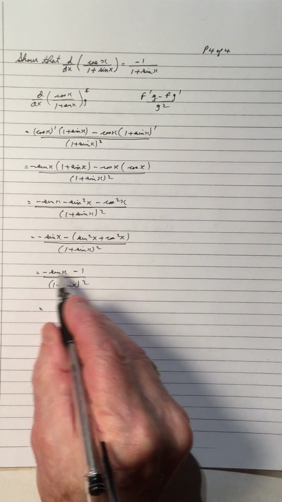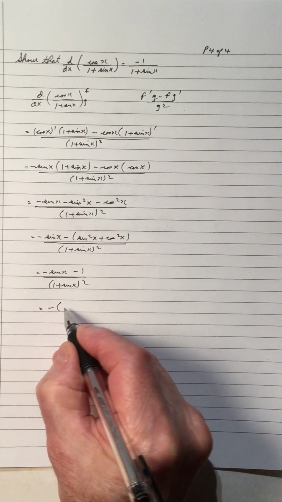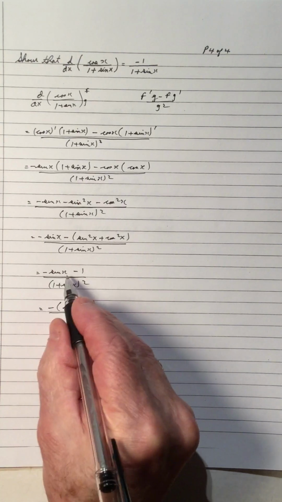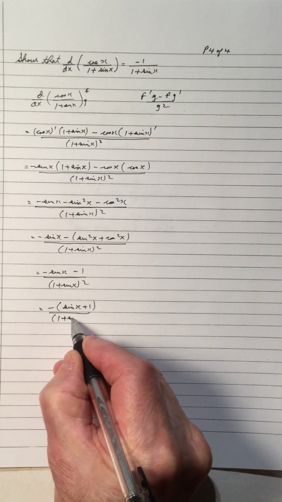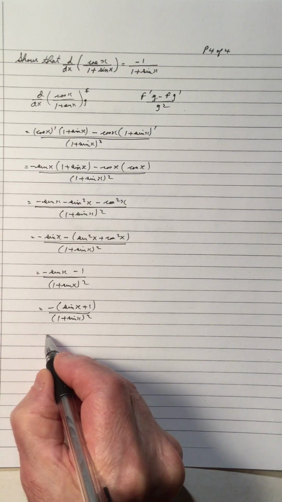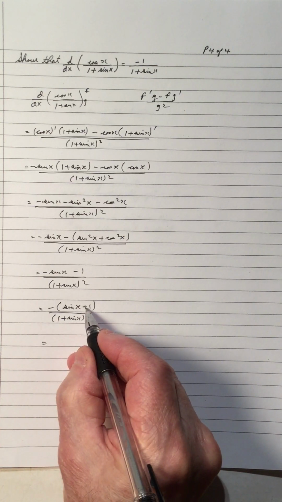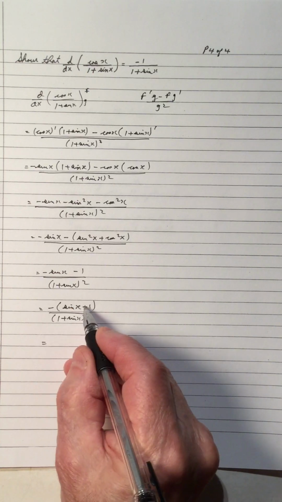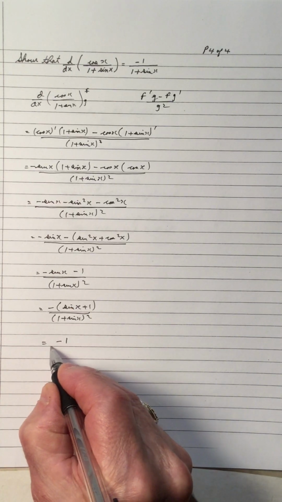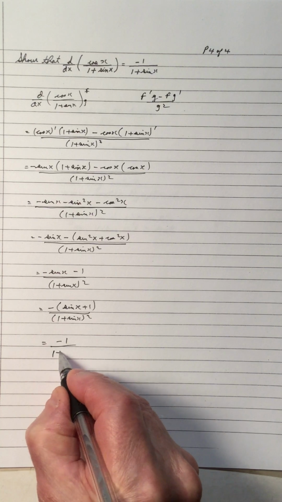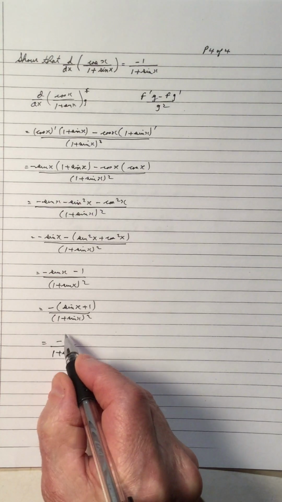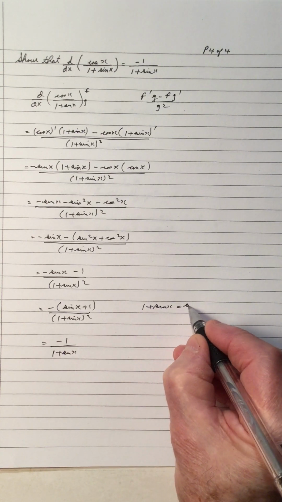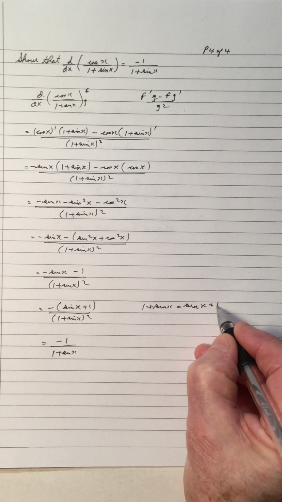And we have a negative outside of sine x plus 1. Remove the negative. 1 plus sine x squared. And we have sine x plus 1, they're commutative, so they can cancel, so that's negative 1 all over 1 plus sine x. 1 plus sine x is the same as sine x plus 1.